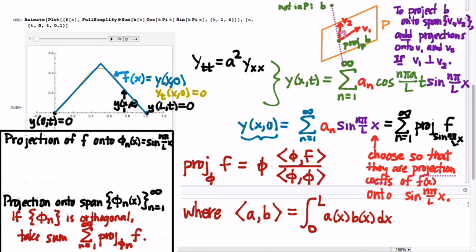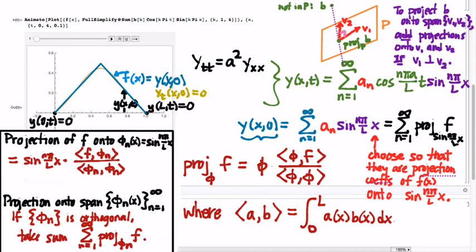If we do verify that, then we'll be able to find these coefficients a sub n just by projecting onto each one of the sines of n pi x over L. So the projection, according to our projection formula, is just going to be sine of n pi x over L, so phi n, times the ratio of the inner product of f with phi n, or phi n with f, it doesn't matter because they're symmetric, divided by the inner product of phi n with itself.